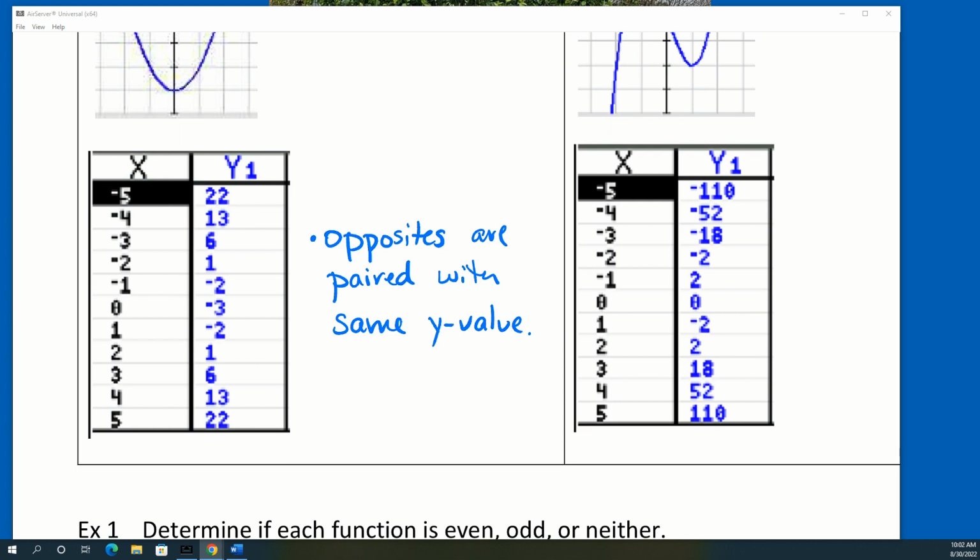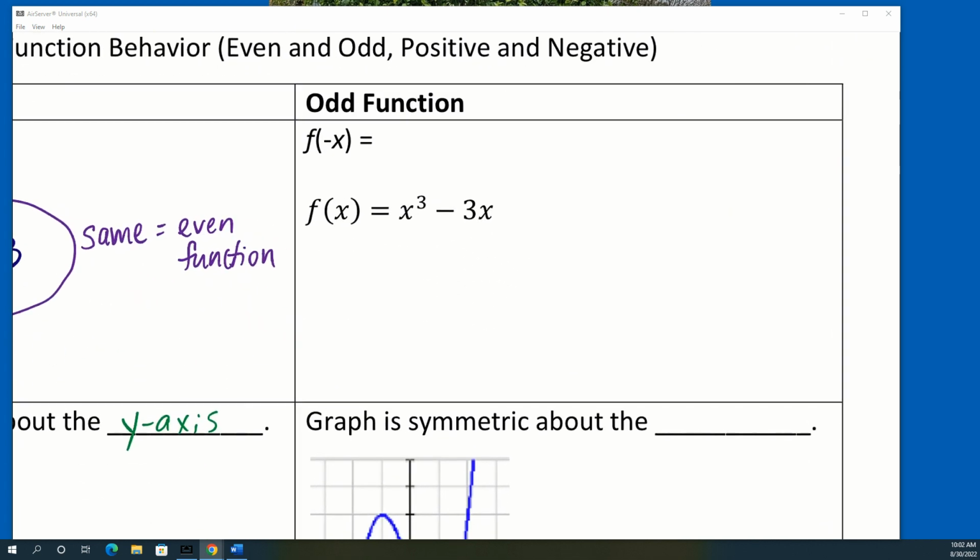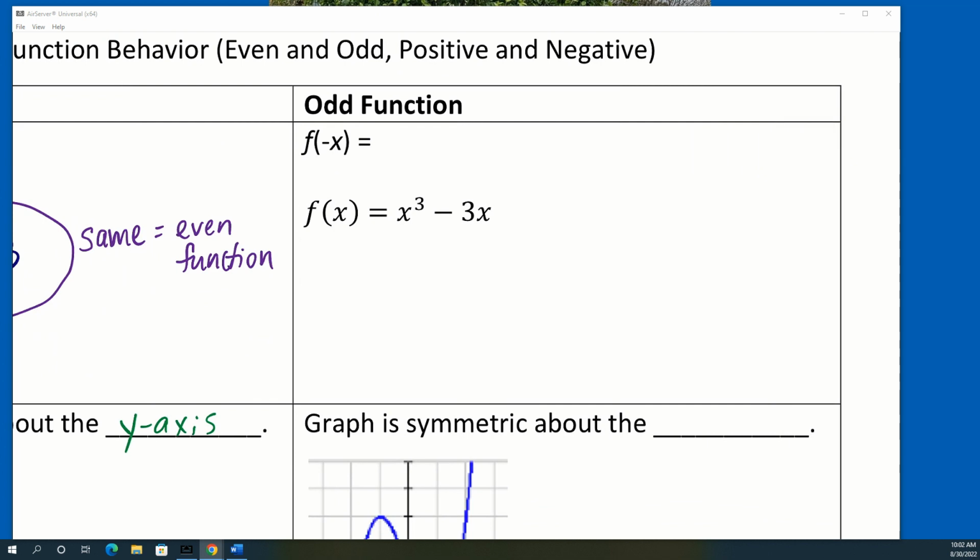All right. So let's talk about odd functions. An odd function, when you do f of the opposite of x, it should give you the opposite of f of x, or negative f of x. All right. So if we need to check algebraically, we're going to put negative x in for all of the x's.